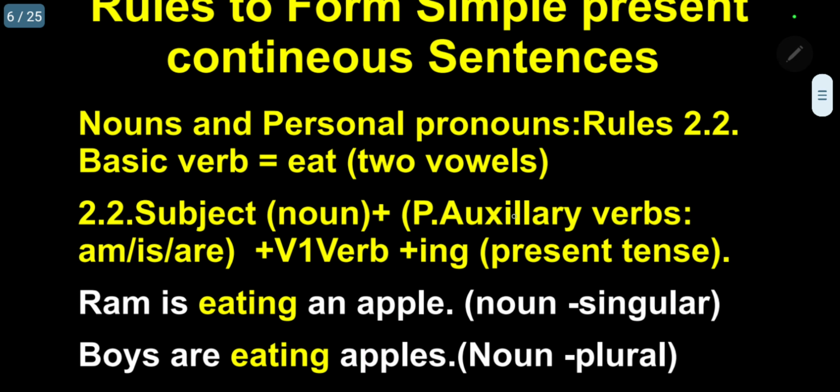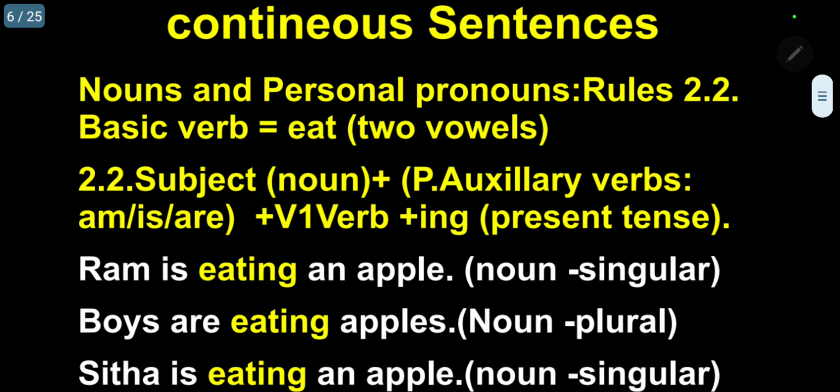Now, under the rule, I can give some more examples. Kindly follow. This example actually is suitable for rule 3 also. Kindly follow now.